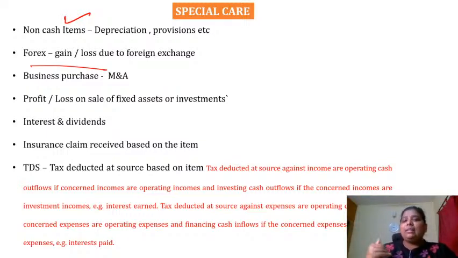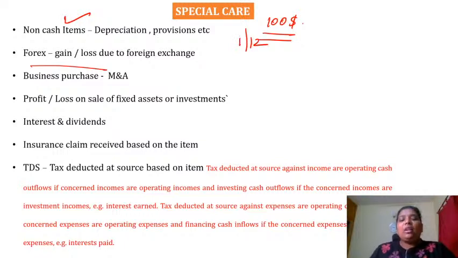Now, what happened when that fellow paid me? Suppose that guy has remitted me the amount. For him, it is only $100. So he remitted $100 to my bank account on say 30th December. Now on that day, the dollar rate was 85 rupees. When I made the sale on 1st December, it was 80 rupees, so in my books I would have accounted 8,000. On 30th December I am receiving this $100 in my bank account.